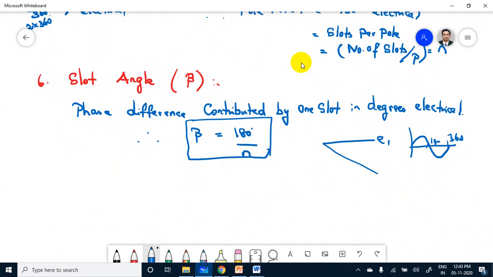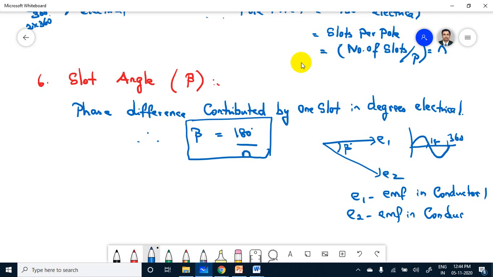Another slot you can mark as E2, meaning the angle between these two conductors will be beta, in degrees. E1 is the EMF produced in conductor 1, and E2 is the EMF in conductor 2.